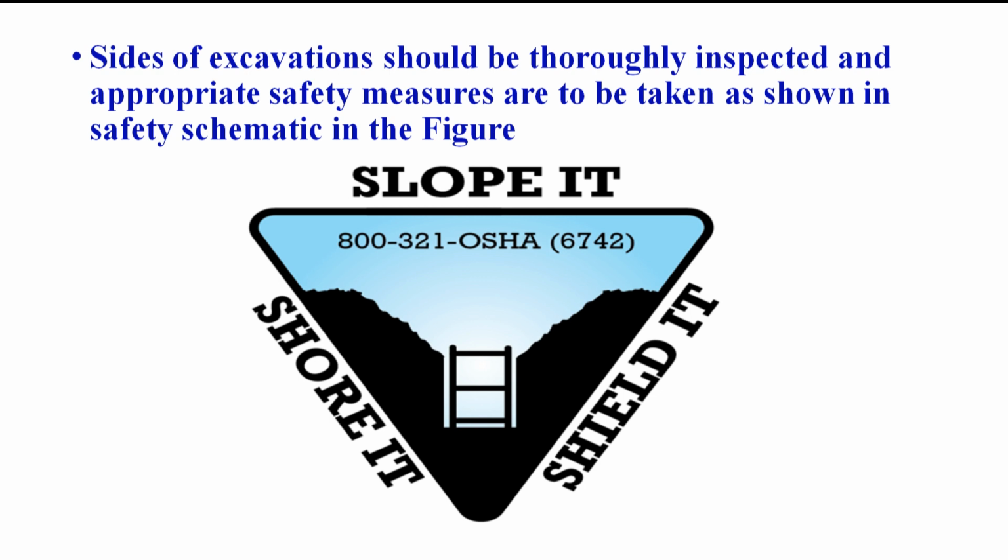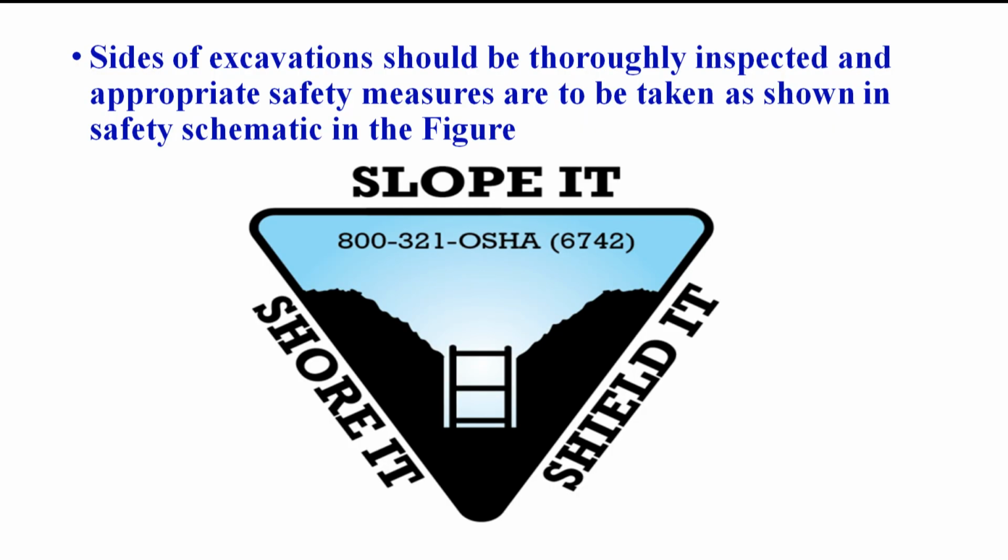So we must know the properties of the soil and the natural stable slope, and we should try not to cut beyond that. So proper slope should be maintained. If we maintain the proper slope, then slope failure and collapse of soil will not occur.